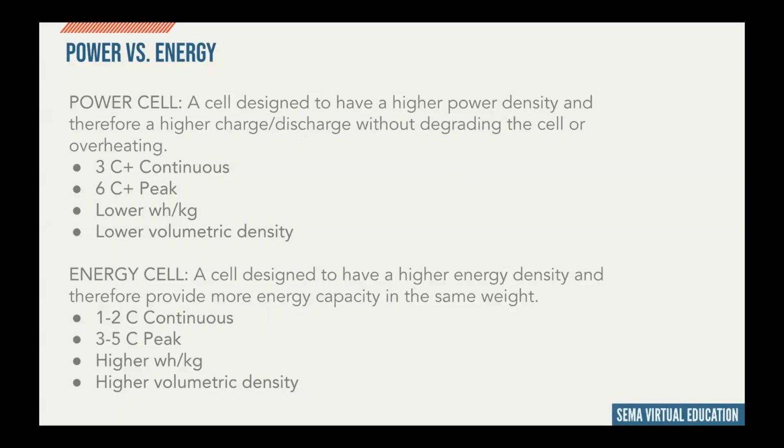Energy cells, which are not typically okay for high performance applications, have around a 1C continuous rating and a 3C peak. The hybrid cells that balance the benefits of both, which we would see in something like Tesla, use a 2C continuous and a 5C peak.